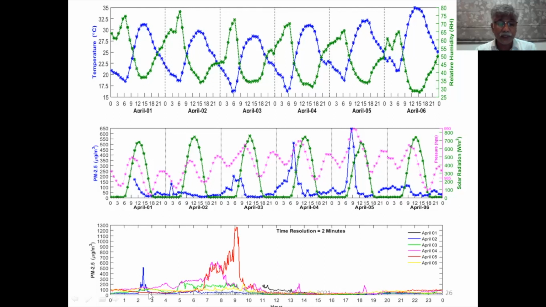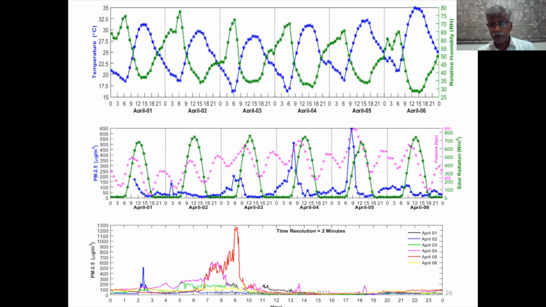So you could see that around 7, 8, 9 during daytime, early morning, all the days, of course, on April 5th, it is high. Then April 4th, so maximizing around this time, early morning. And this is the kind of physics we understood. And we published this paper last year in Nature Scientific Reports.